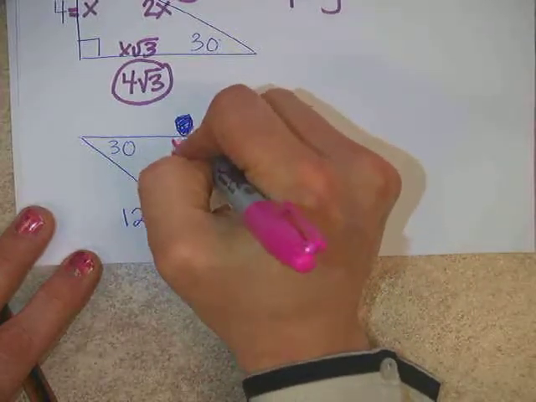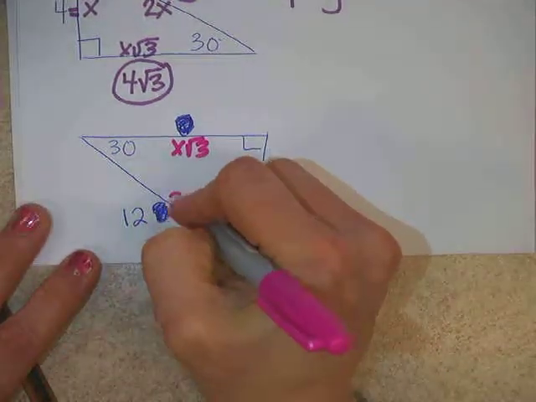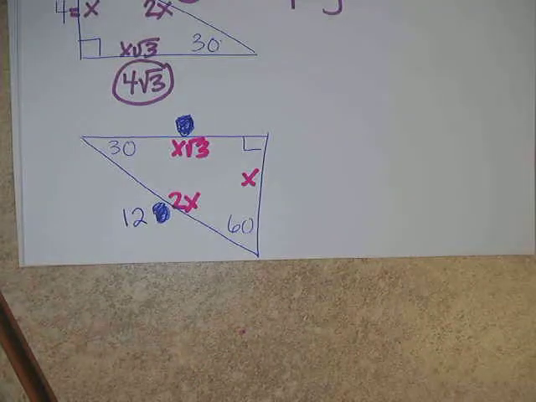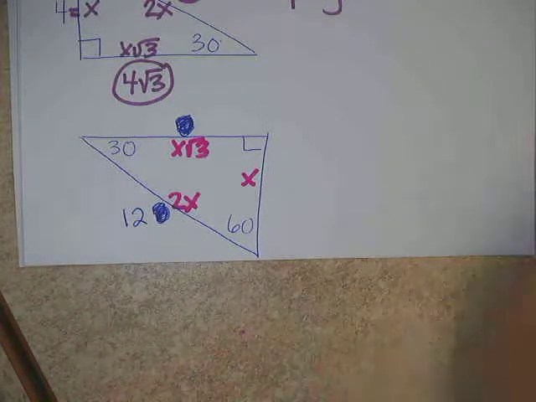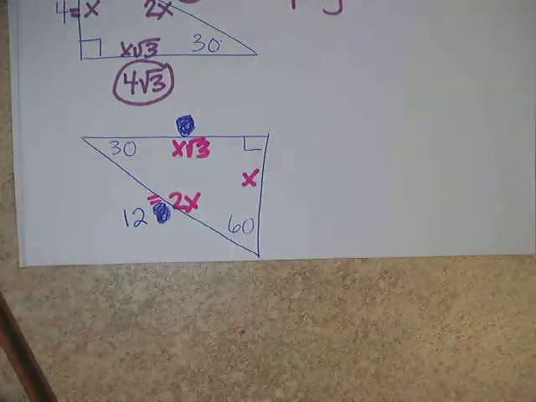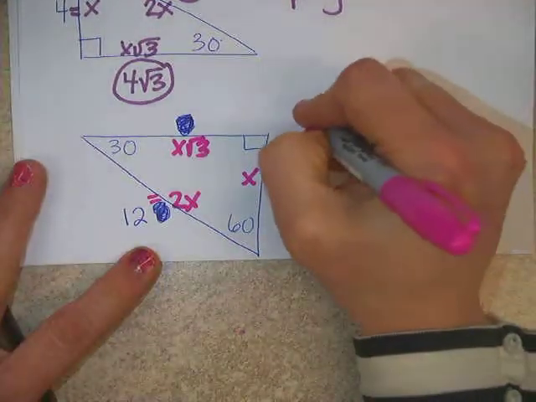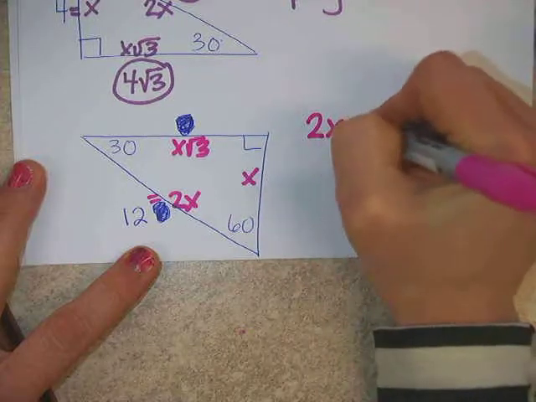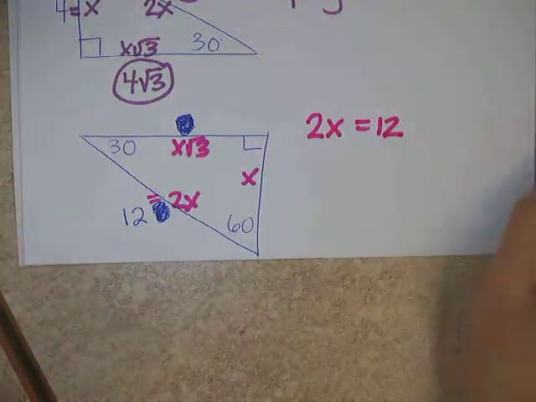Right. So again, put in your ratios. Across from 30 is x. Across from 60 is x radical 3. Hypotenuse is 2x. Okay, so we're going to start right here.